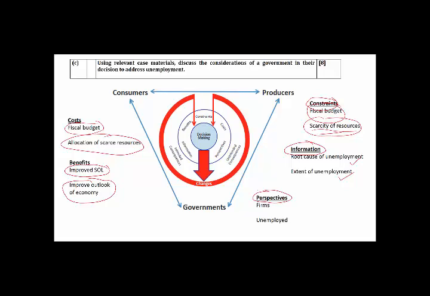Because as I mentioned earlier, the policies that are undertaken can have impact on various stakeholders, such as your firms, your employers. How will this policy impact upon them? As well as your unemployed. So that's how we go about addressing this particular question, and I hope you will be able to do this.